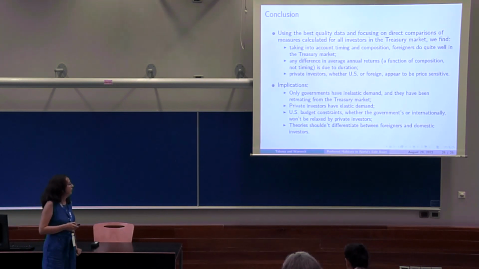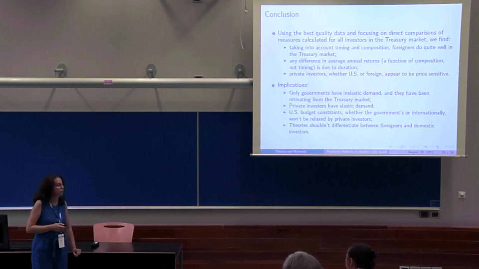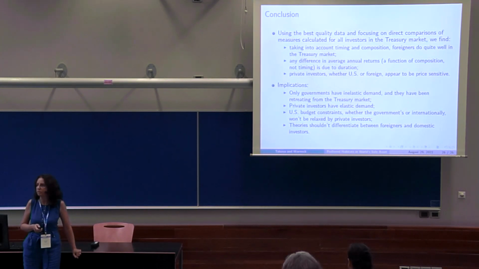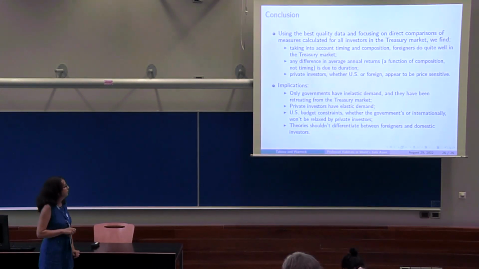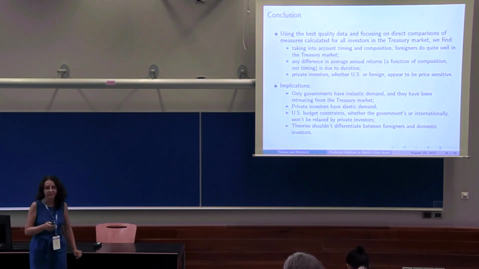And there are papers that use more general notions of convenience yield that don't rely on foreigners being different. And so the implication is that there should be more weight on that type of analysis, rather than relying on foreigners being different. And that's it. Thank you very much.